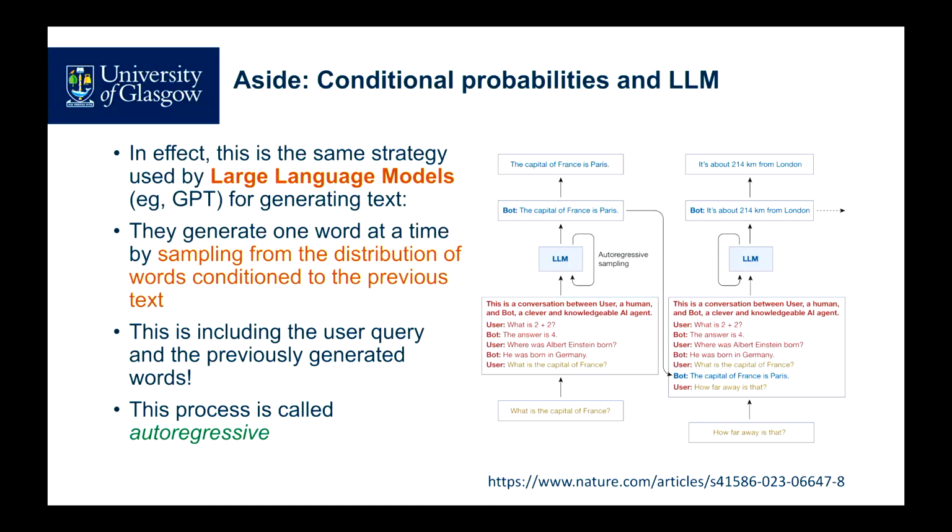And when the user answers again, the previous answer is tagged on top of the input of the LLM. The new question or response of the user is added again, and the same process generates word by word the next answer of the LLM. Okay. So this is how those autoregressive processes work. But that gives you an idea that this notion of conditional probabilities scales up really, really well to very large models and very large problems.